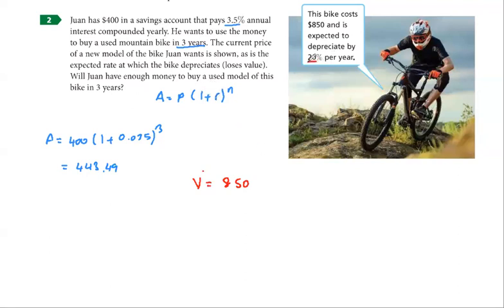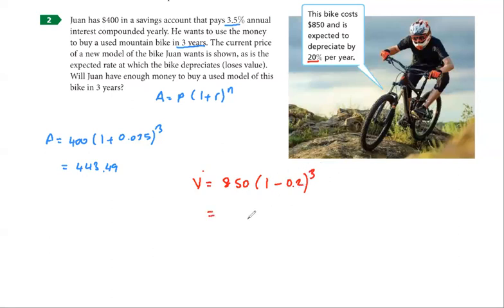But now we are going to decrease 20%, meaning that we get 100% minus 20%, which is why we do 1 minus 20%. So 20% is just 0.2. You may write it this way, or you can just say 1 minus 0.2 is 0.8. So you can just take 0.8. I'm going to write it as 0.8 because that is the same format. And then we want to see the value of the bike in 3 years, and this is going to give us the value.